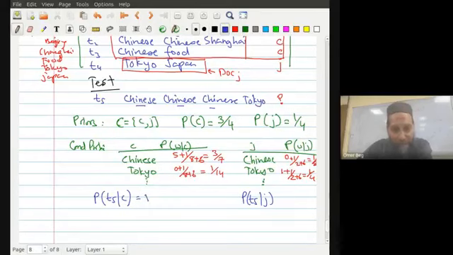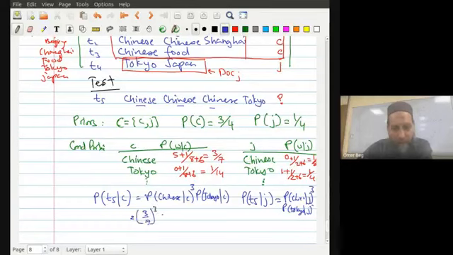So the probability of the word Chinese given class C cubed, because it appears 3 times, and the probability of Tokyo given class C 1 time, and this would similarly be the probability of Chinese given class J cubed multiplied by the probability of Tokyo given class J. And this would turn out to be 3 over 7 cubed multiplied by 1 over 14.